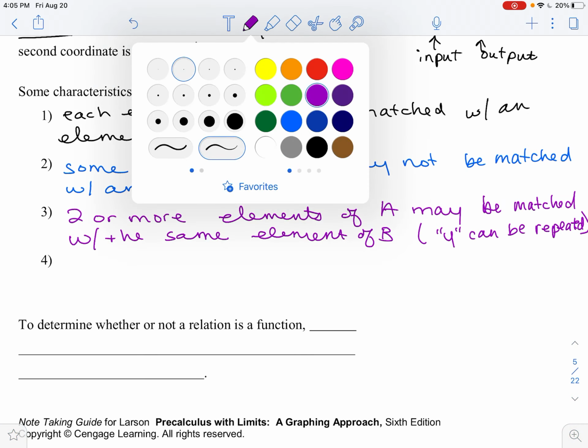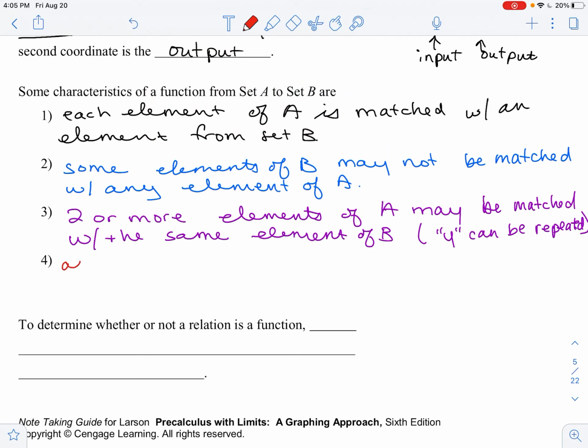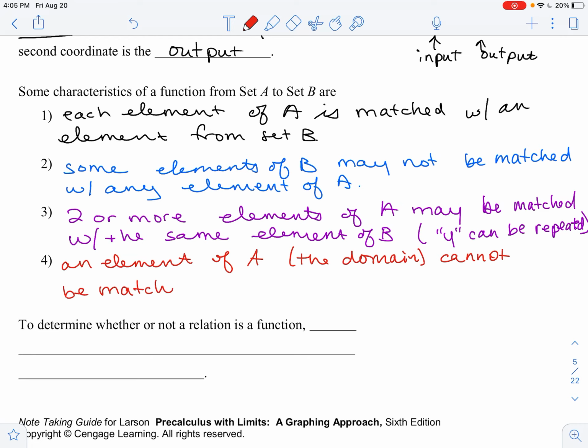And then lastly, an element of A, or the domain, cannot be matched with two different elements of B. What that means is that the x coordinates cannot be repeated.